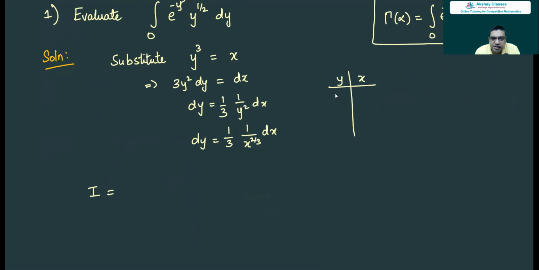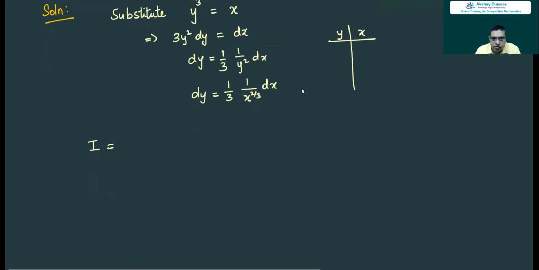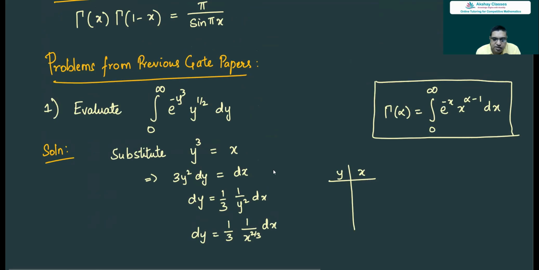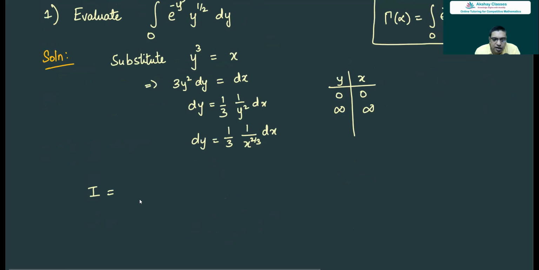So when y is 0, this is our substitution, so x is also 0, and it's a continuous polynomial function. And when y goes to infinity, x also goes to infinity. So that doesn't change. So it remains integral 0 to infinity e power minus x.